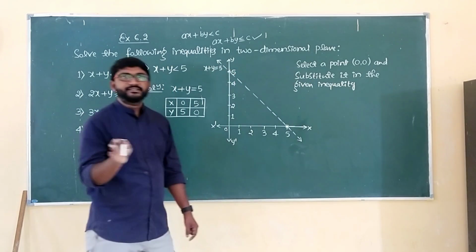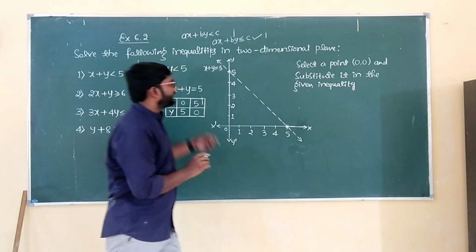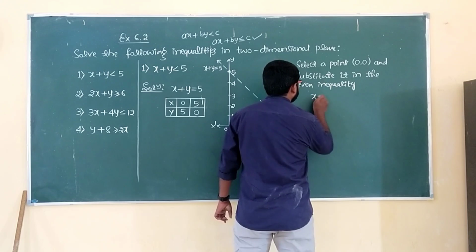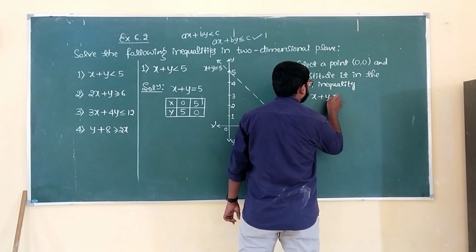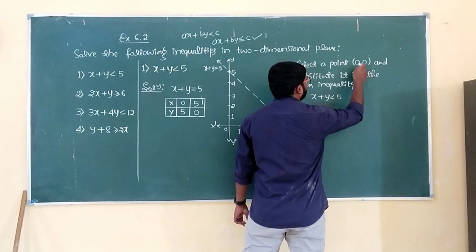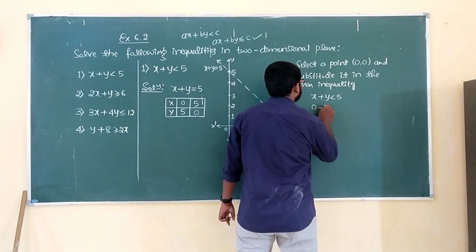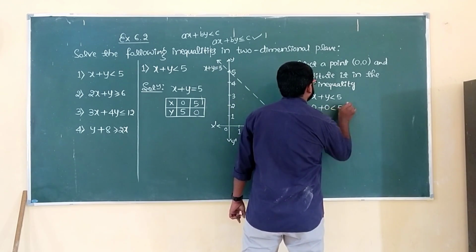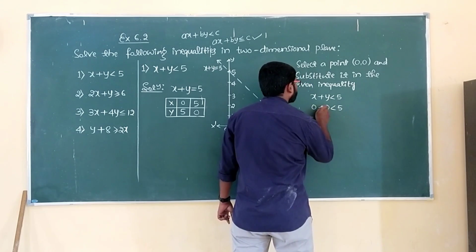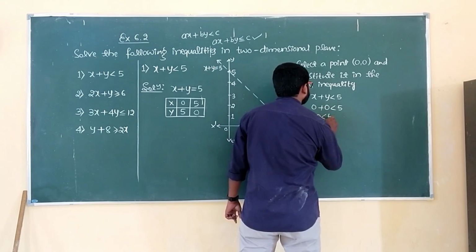So let us check whether it satisfies the inequality or not. So I will take up the inequality x plus y less than 5. So both x and y are 0 now. 0 plus 0 less than 5. What is 0 plus 0? It is 0. So 0 less than 5.